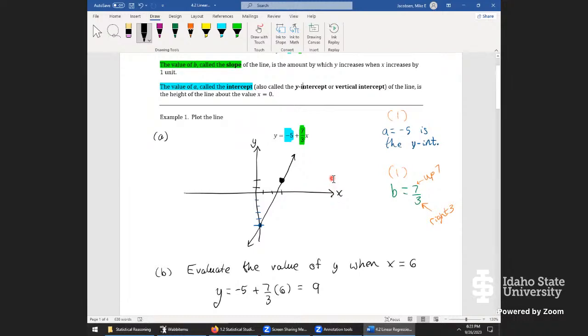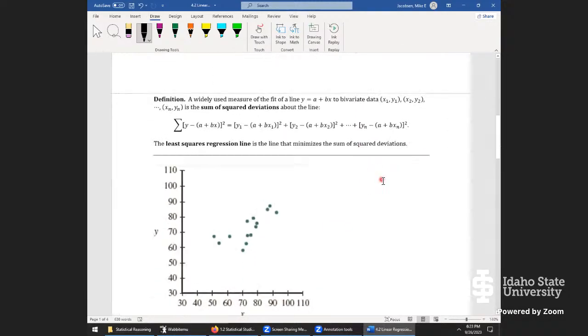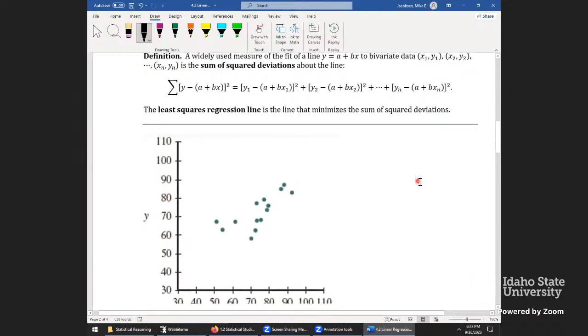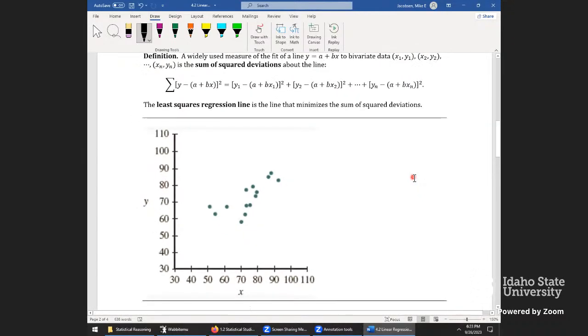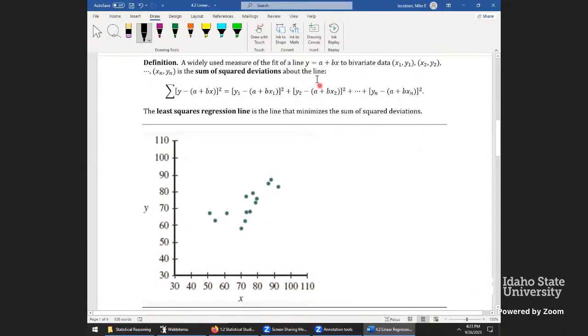Okay, so here's how the least squares regression line is finally defined. I want to zoom in right here. Let's focus on this definition and that graph down below. So our goal is to fit a line, y equals a plus bx, to all these dots right here. In fact, let's do this right now.